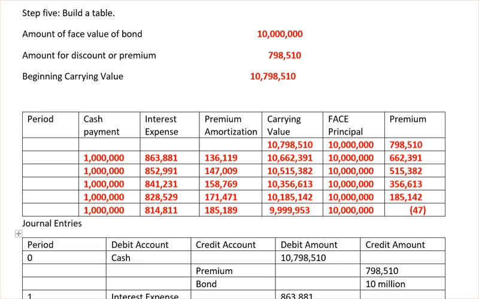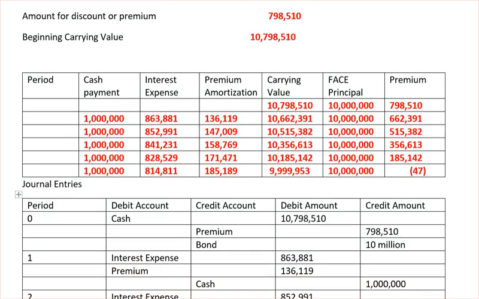This is tricky because when we look down here, we say that yes, interest expense is coming from two things. It's coming from the cash payment, and it's coming from the amortization of the premium. However, amortization of premium actually would be a credit to interest expense.